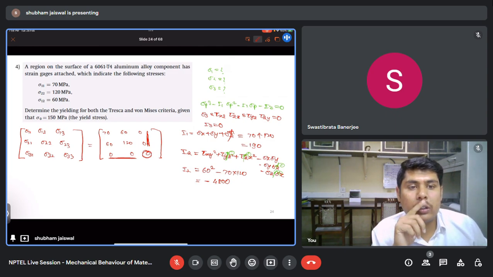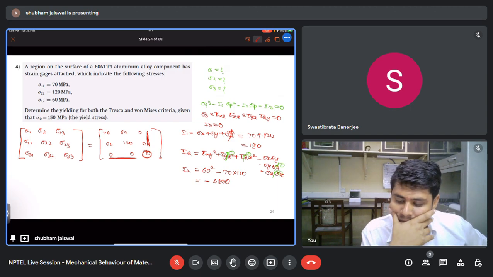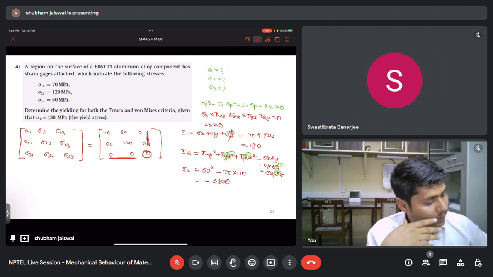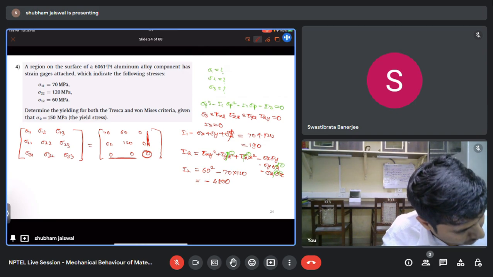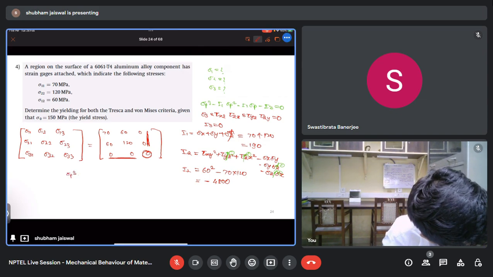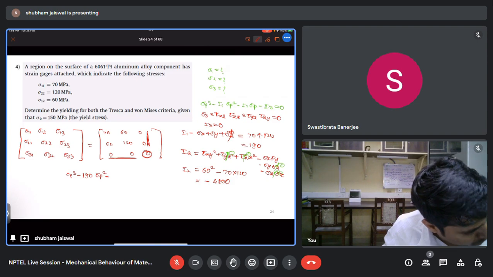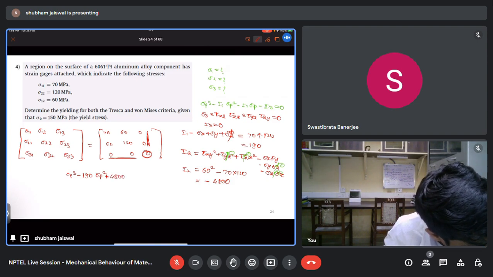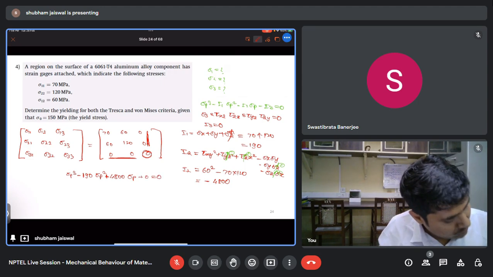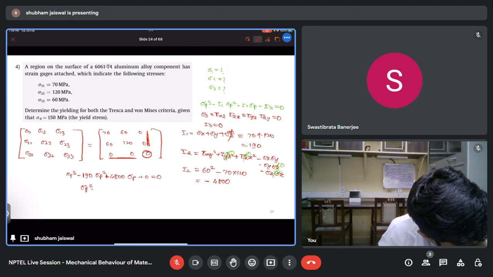Are you getting the same value, Mr. Swatibrata? Yes, I'm doing so. Now, if I put sigma p cube minus 190 sigma p square plus 4800 sigma p plus 0 equal to 0, so I will get sigma p square minus 190 sigma p plus 4800 equal to 0.